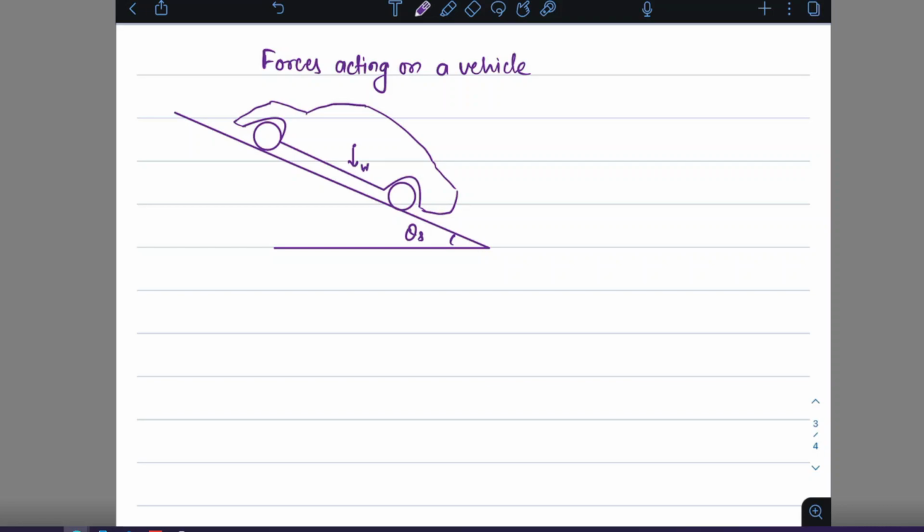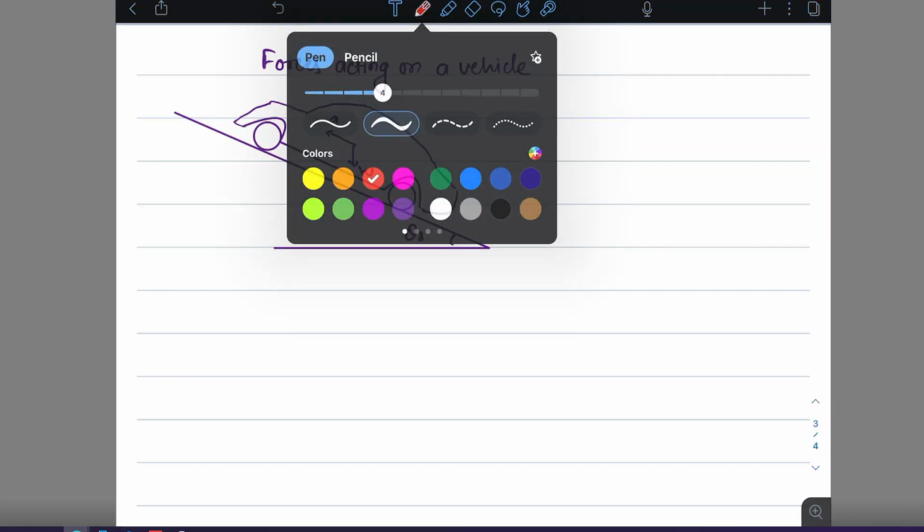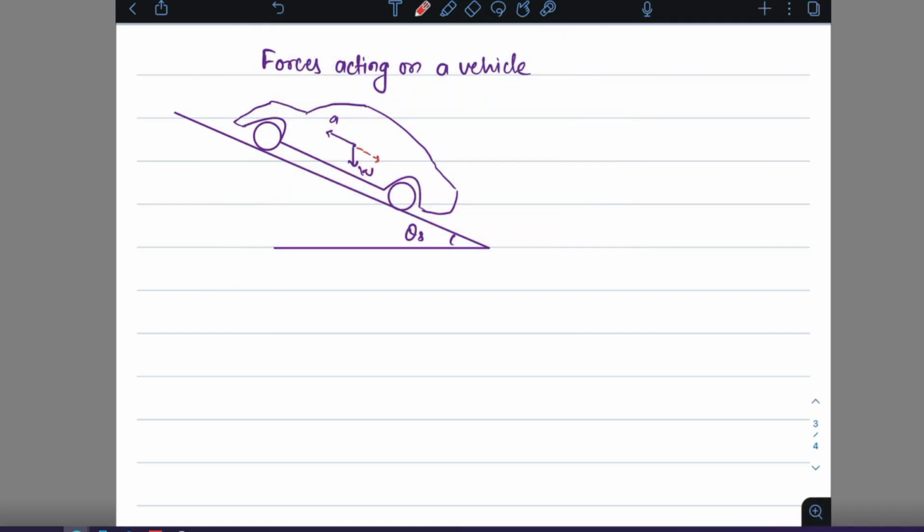This is the weight of the vehicle. This is the direction in which the vehicle is accelerating. So this will be the equivalent force, we can say. Then we have this resisting force RA, which is being applied at height HA.